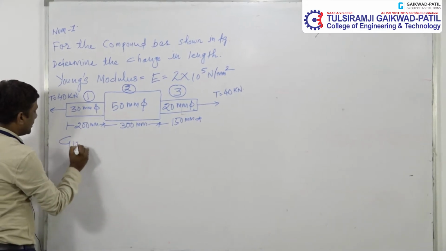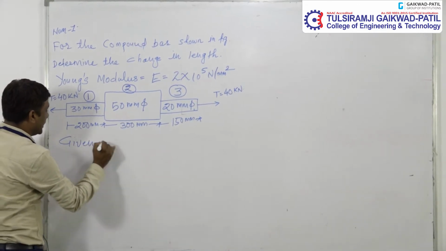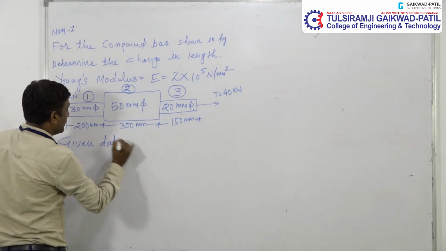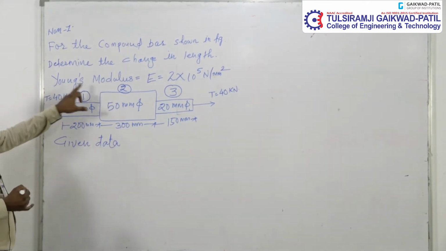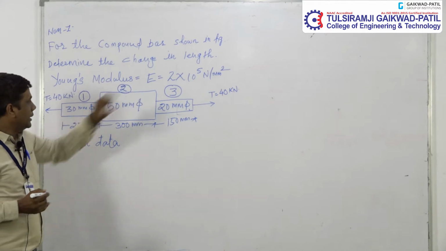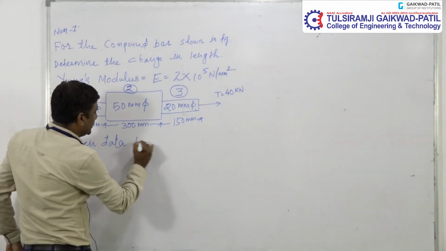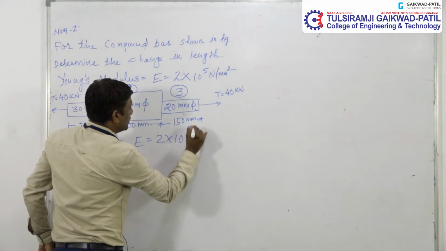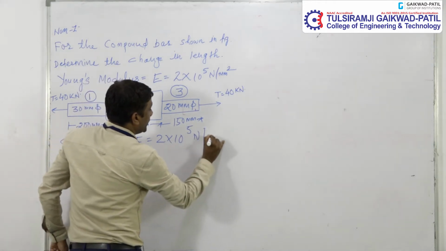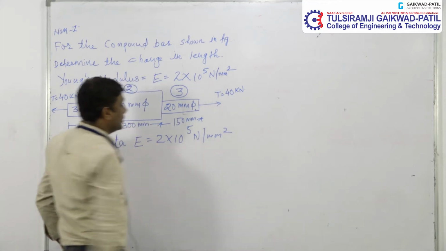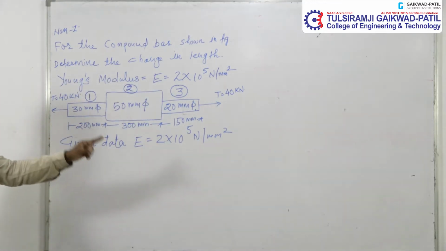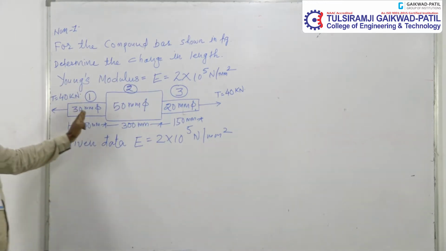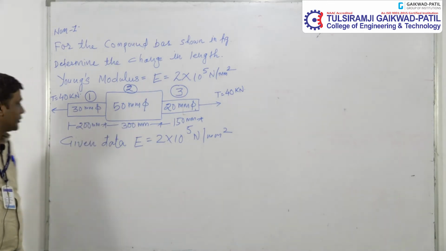As per the given data, Young's modulus is already given, E is equal to 2 into 10 raised to 5 Newton per mm square, and this is the constant value for all 3 materials as shown in the figure.